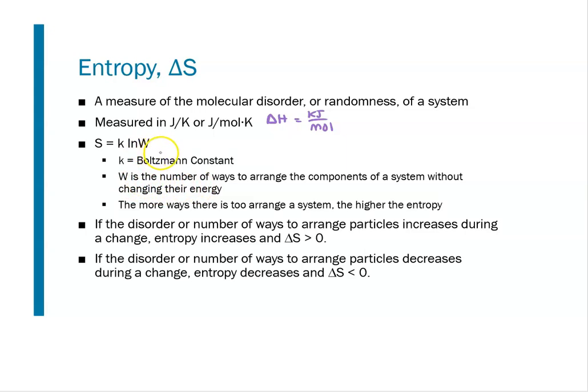So it's basically the number of ways that you can arrange something or a particle where the energy of that particle stays the same. The more ways that you can arrange the system, the higher the entropy is. The more ways that you can arrange something without changing energy, the more entropy there is, the more disorder there is, because those particles have the ability to be in any of those positions because they're all the same energy.